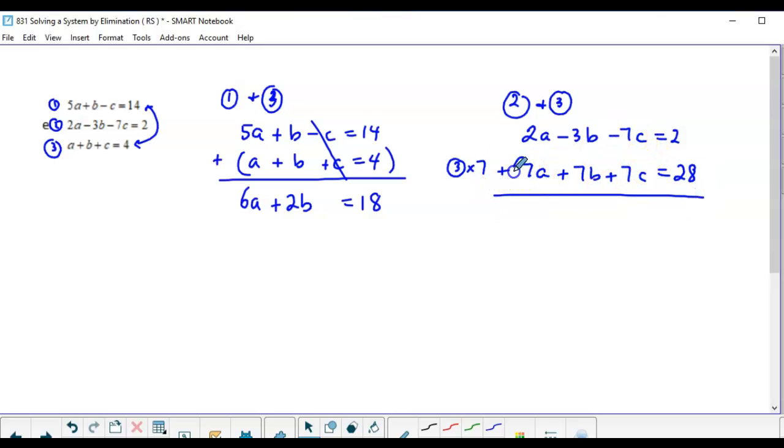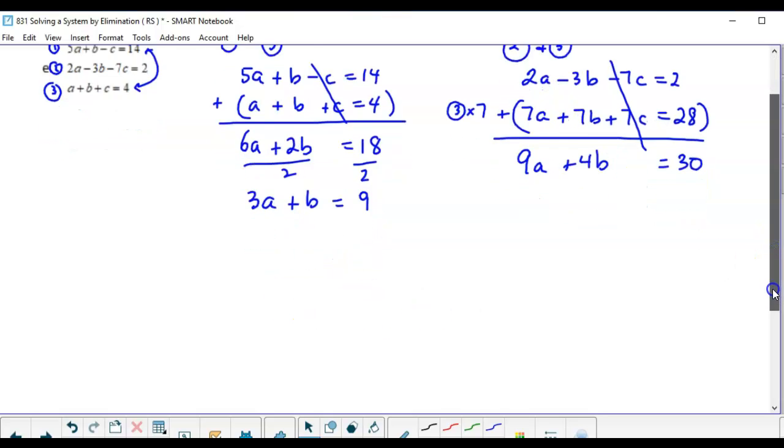Now, when I add those together, these terms go away. So I get 9a plus 4b equals 30. Now, looking back over here, 2 was common to both. So I could divide both sides by 2. That would give me 3a plus b equals 9. That's going to make it a little bit easier.